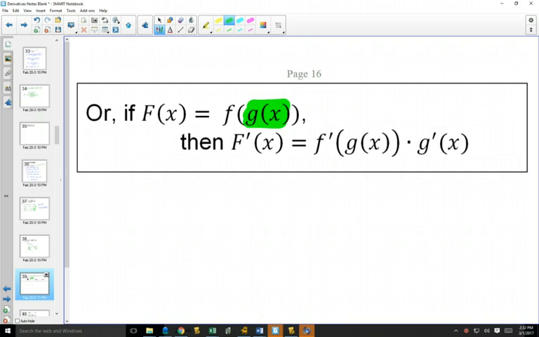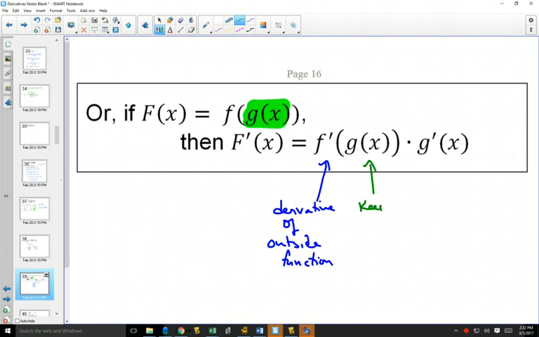So how do we find the derivative? We do the derivative of the outside function. And when we do the derivative of the outside function, we keep the inside the same.